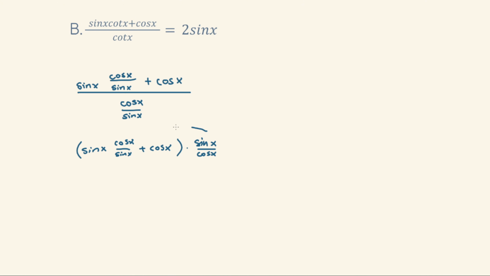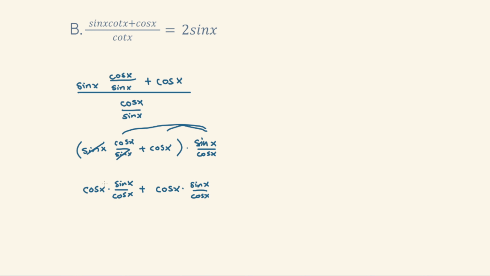We can rainbow method this now, kind of rainbow backwards. Actually, before we even rainbow, this sine x and this sine x cancel out. So on the left, the first term is cos x times sine x over cos x, plus the second term, cos x times sine x over cos x.